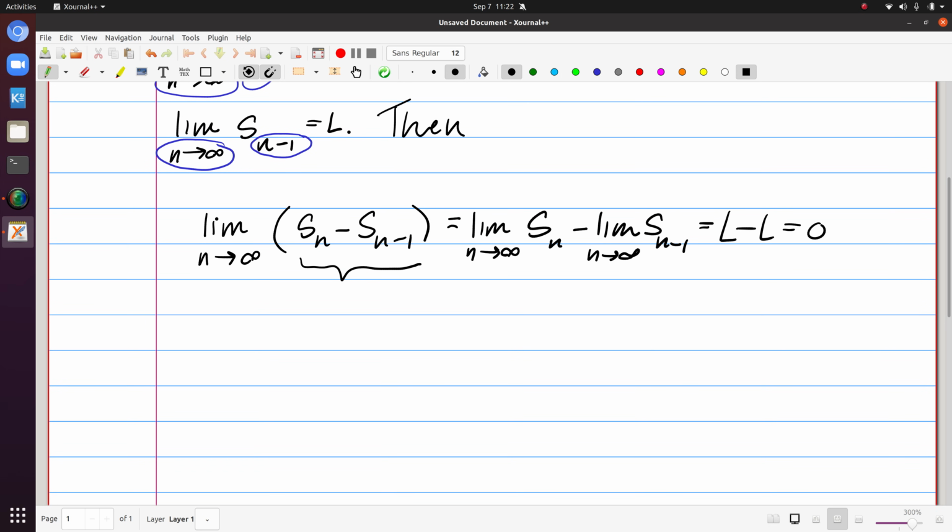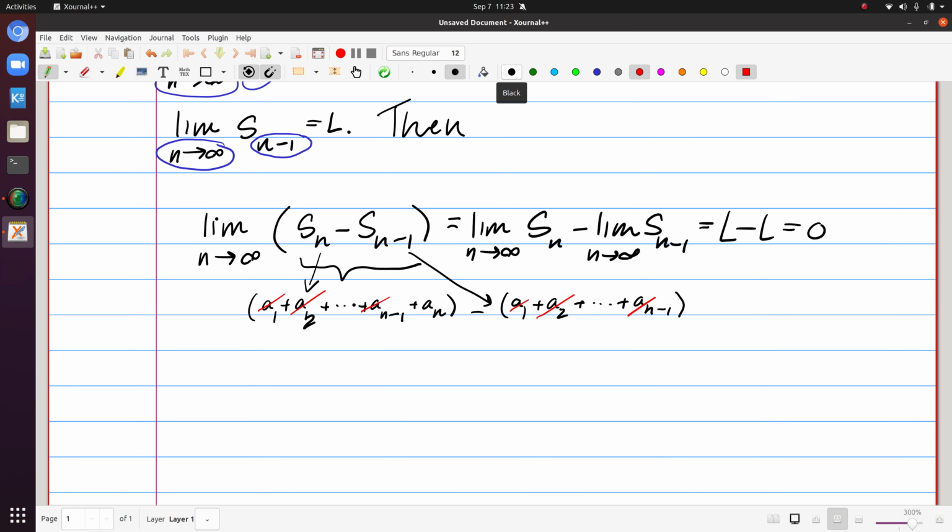So s sub n would be the sum of the first n terms, like this. And we're subtracting the sum of the first n minus 1 terms. So notice that much of this is going to cancel off. And in fact, everything in the second set of parentheses will be canceled with something in the first. However, this won't cancel.